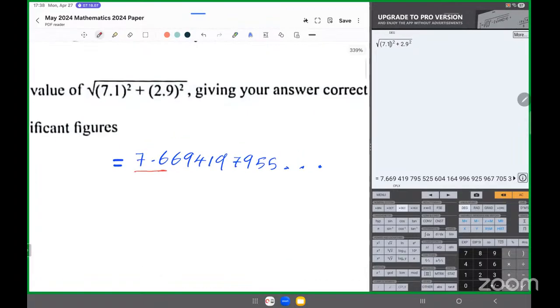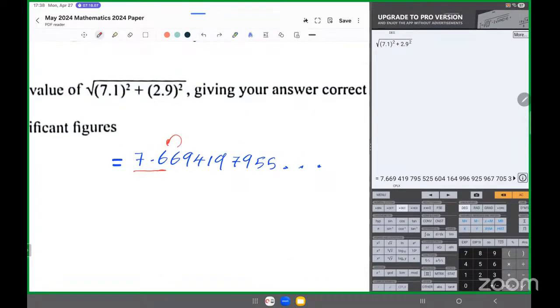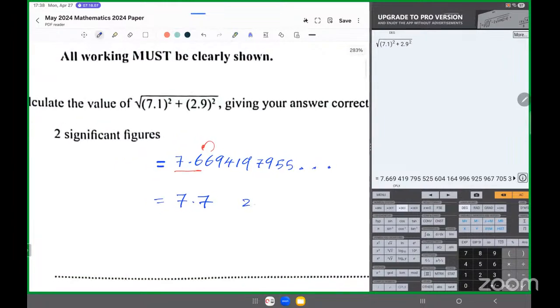You use this 6 to correct that 7.6, and it increases to 7.7. So it becomes 7.7 to two significant figures.